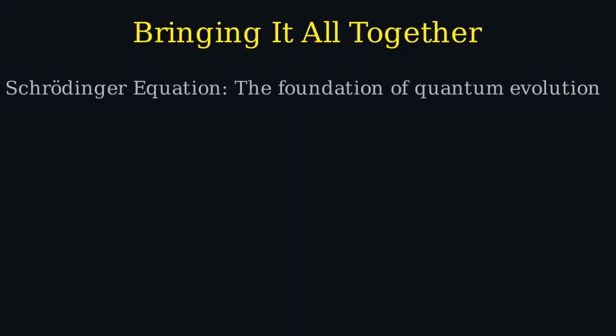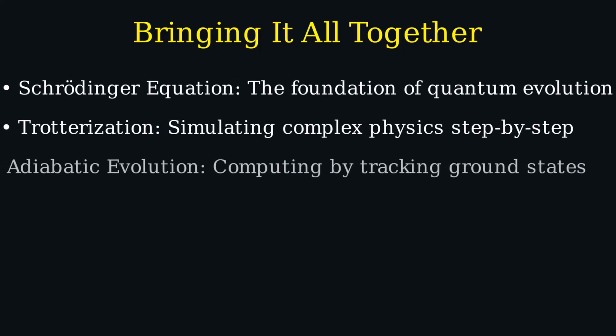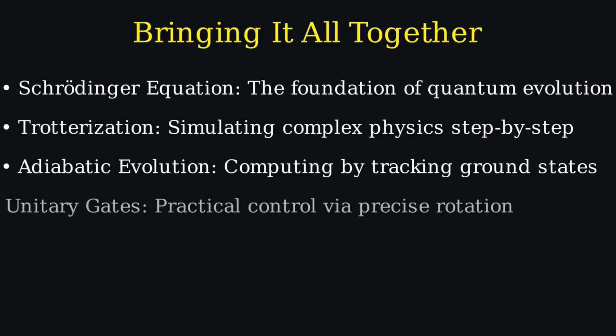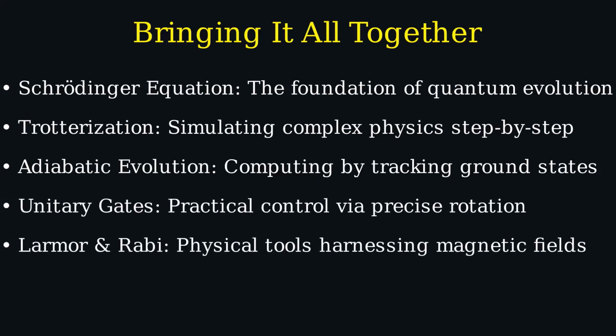Quantum evolution is how quantum states change over time. In quantum computing, the Schrödinger equation provides the theoretical foundation. Unitary transformation describes the ideal isolated evolution. Quantum gates are the practical tools we use to control that evolution. Larmor precession and Rabi oscillations are the physical phenomena we harness in spin 1/2 systems.